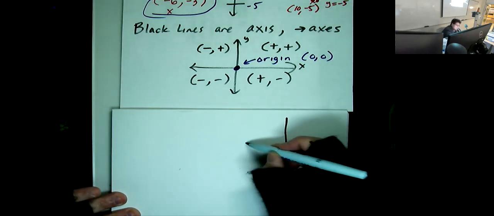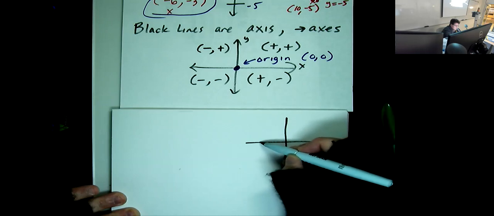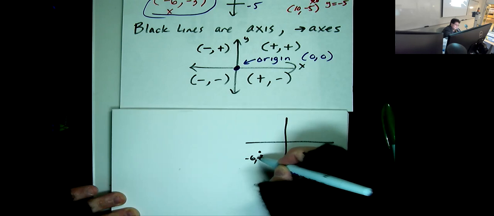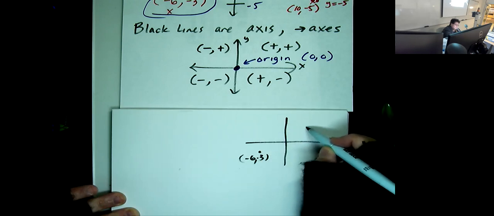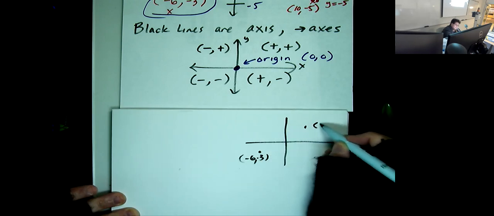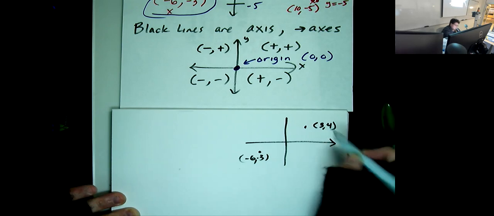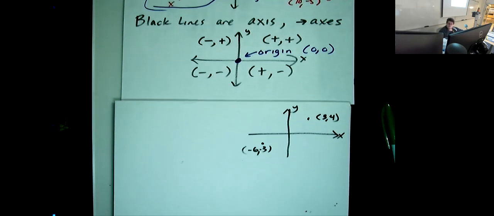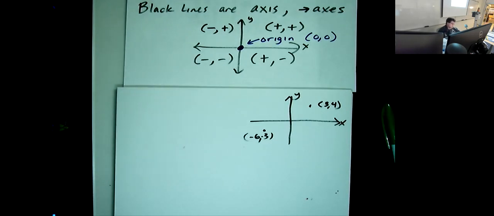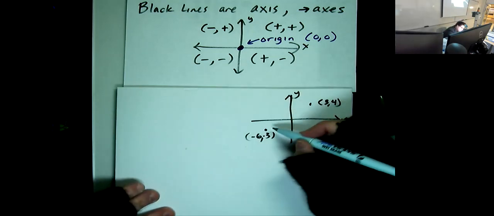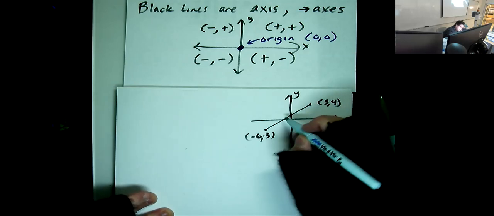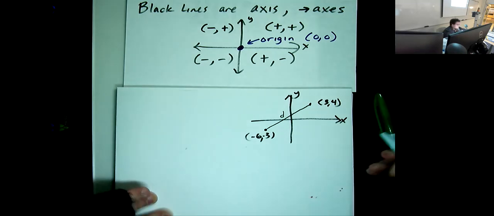It won't be 100% accurate, but (-6, -3) is right there, and then (3, 4) is right about there, without putting any hashtags in. If I made a line connecting them, I could find the distance or length of that line. We'll call it D.